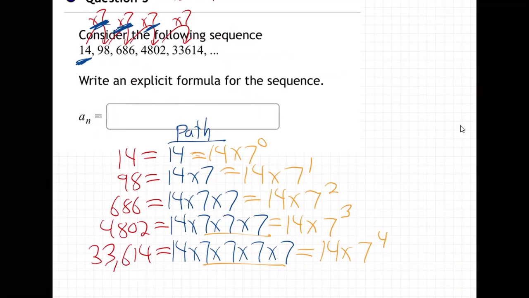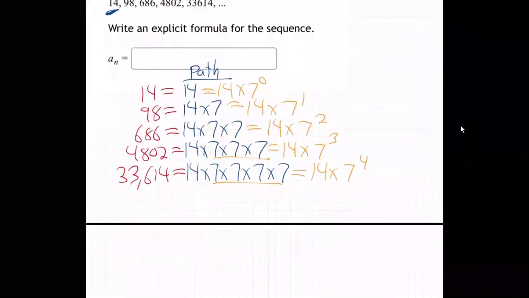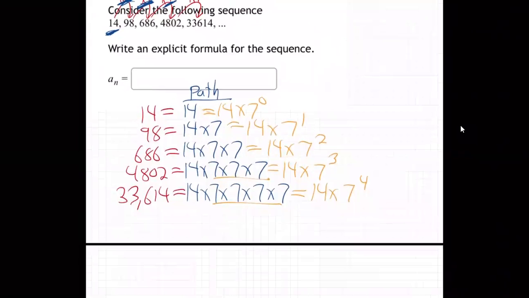All right. So now to finish it up, we got to write the term numbers, don't we? Because that's what we're trying to connect: the term number to the formula.